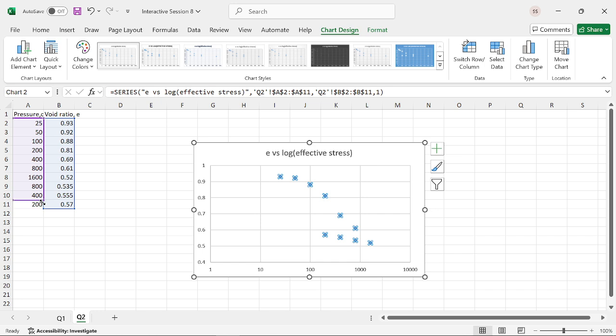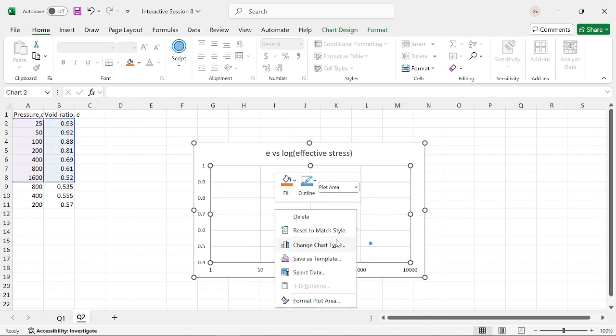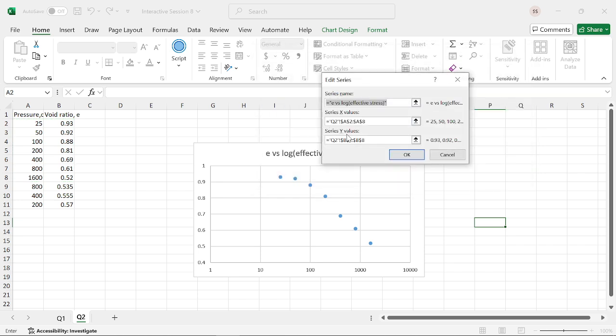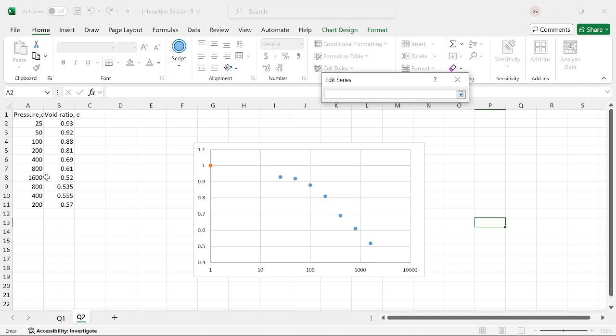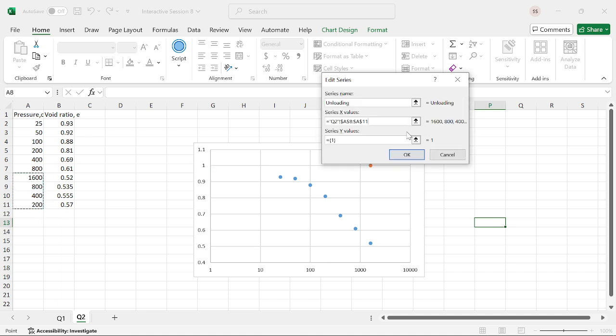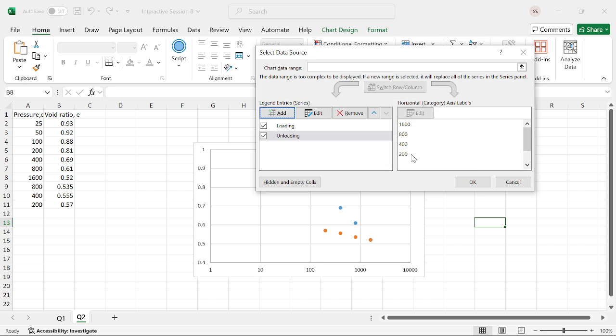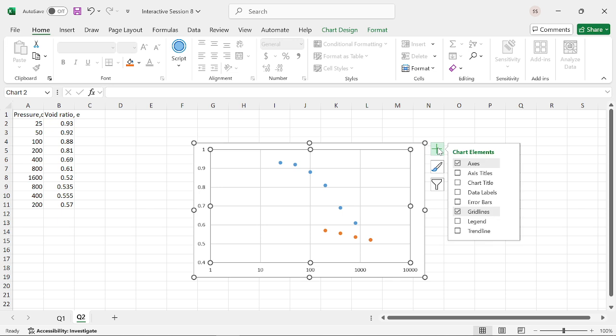So I will take this as one plot, and then I will add this, we will call loading, and then we will add unloading from here. Okay. And now we can do what we can do.